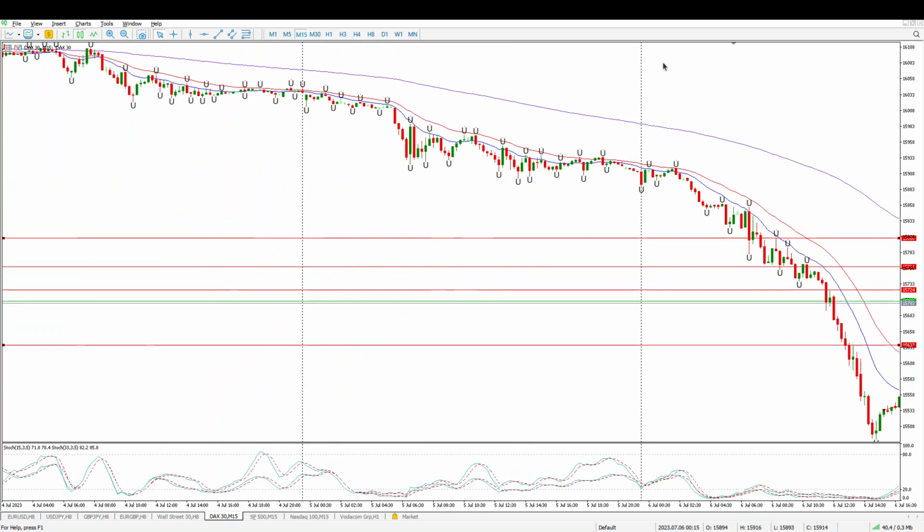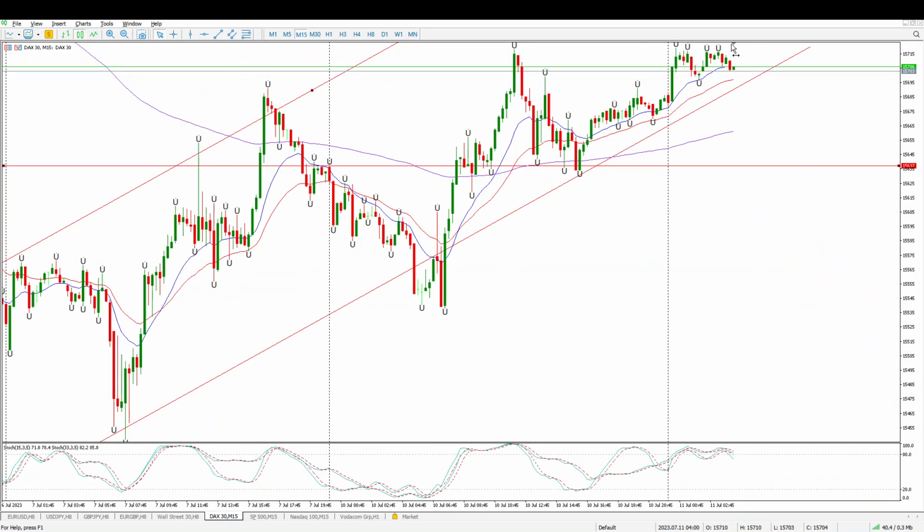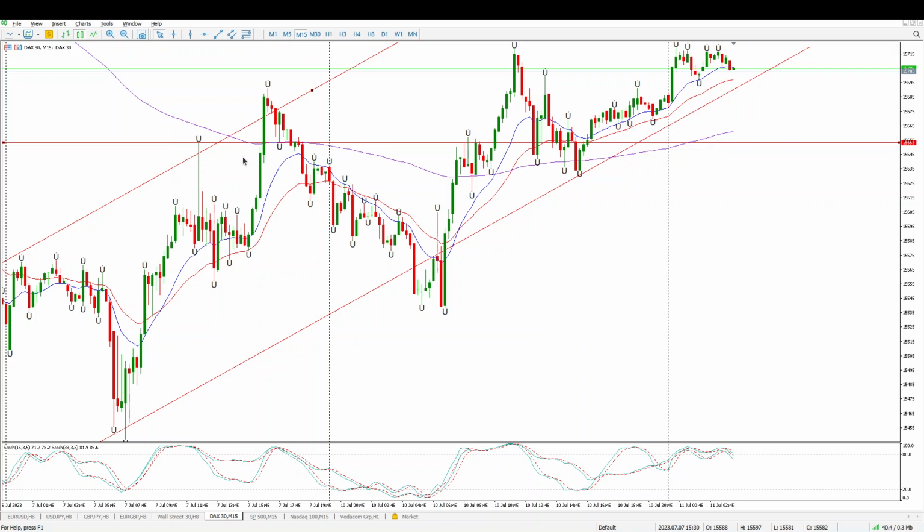And I don't know if there's anything that I'd want to see long. Well, let's just say that tail there may make things interesting, and that would also test the 155, although the 155 has been tested on the 15. That's an area that you could find support, 15653.